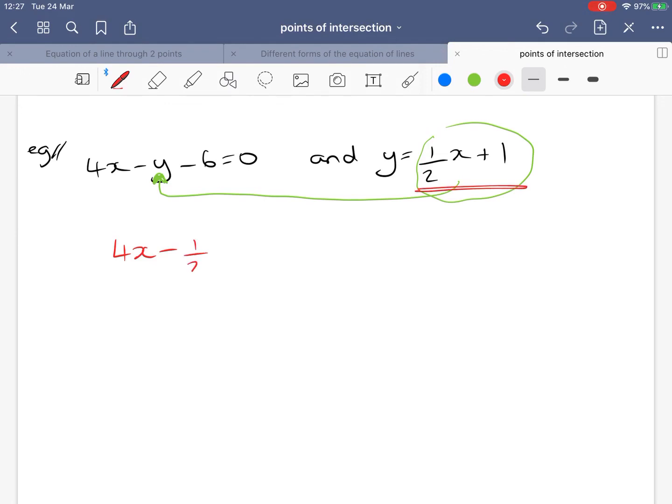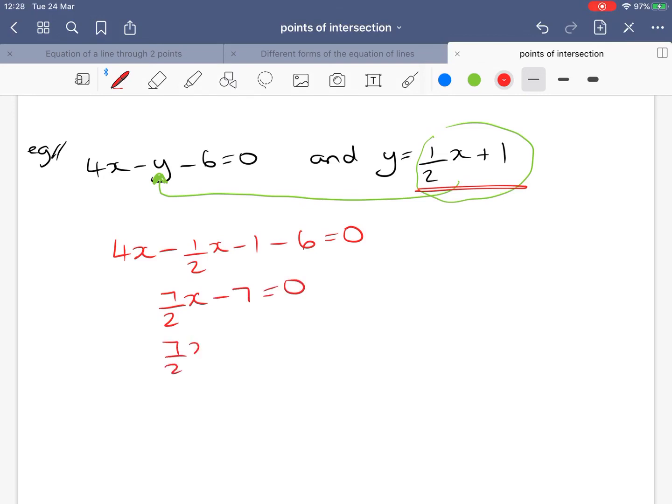So it's minus a half x minus 1 minus 6 equals 0. Now 4x take away a half x is 3.5x, I hear you all say, but we would write that as 7 over 2x. Minus 1 minus 6 is minus 7 equals 0.